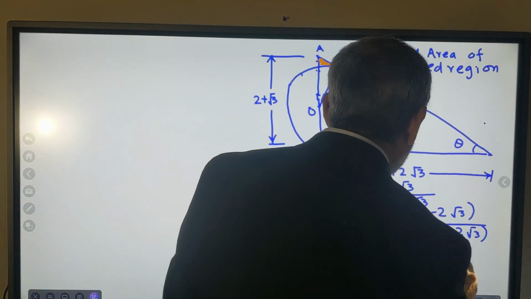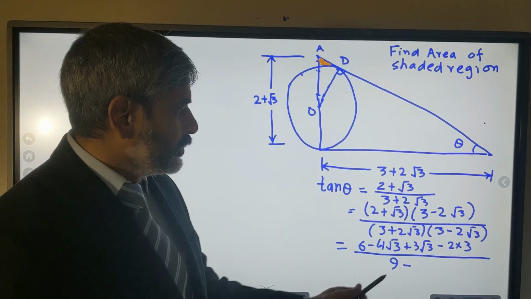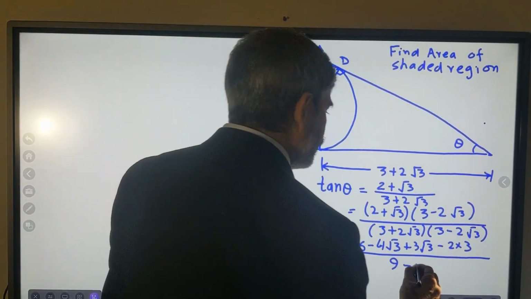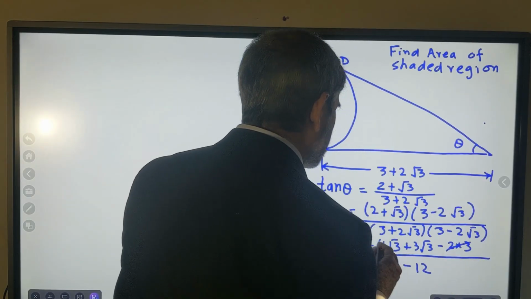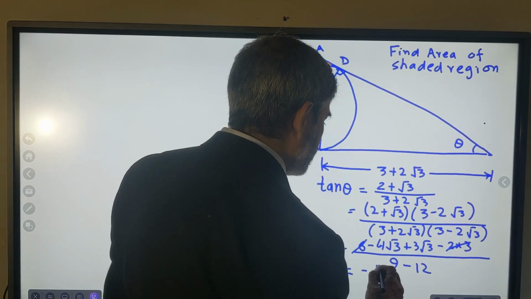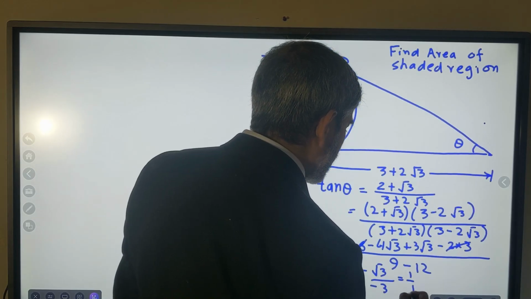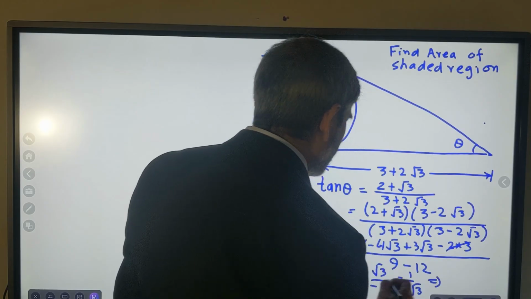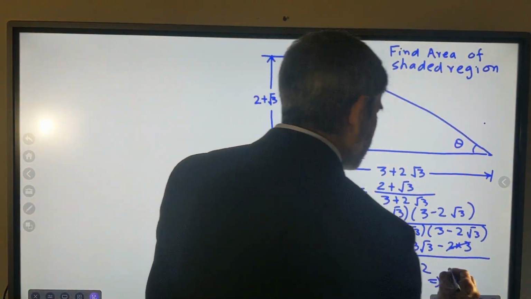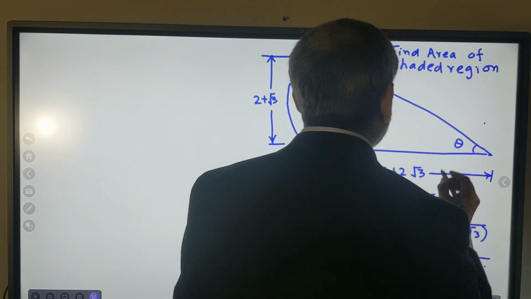And here we get 3 into 3, 9, and then minus 2 into 2 is 4, into 3 is 12. These two terms cancel, and these two terms combine to become minus root 3, divided by minus 3, which is 1 upon square root of 3. Therefore tan theta is 1 upon square root of 3. We have theta equal to 30 degrees, and that is a nice solution.